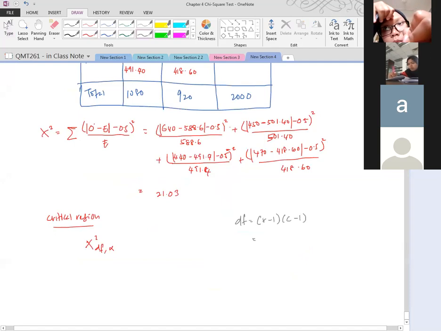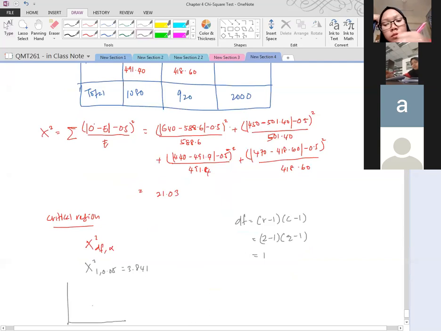For row we have 2 minus 1, for column we have 2 minus 1, which is equal to 1. So chi-squared with 1 degree of freedom, 0.05, is equal to how much? 3.841. The area that we want to find is on the right-hand side.